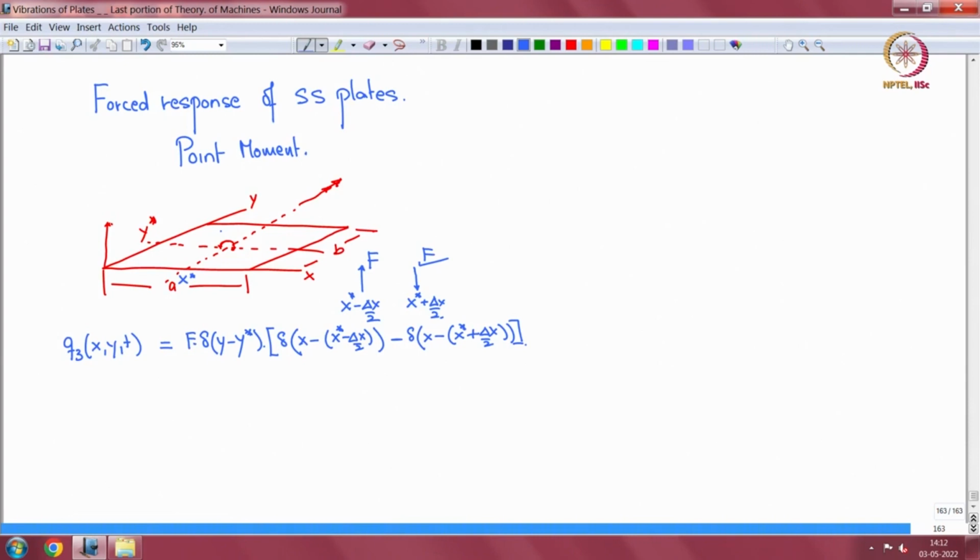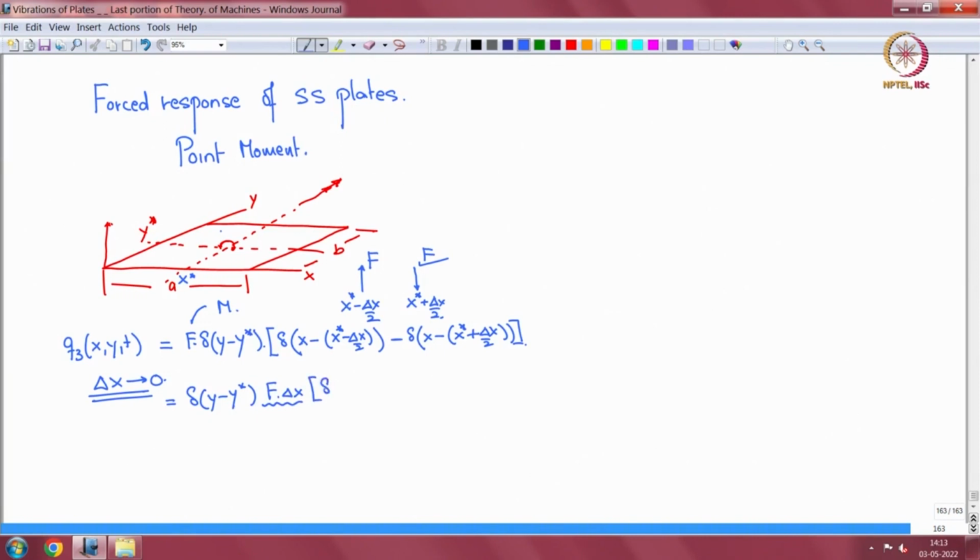Now in order to make it a point moment, delta x has to go to 0. Delta x must go to 0. And I need a moment strength in front. In place of this, actually I need a moment strength. So how do I do that? I will take delta of y minus y star here, F here, multiply by delta x. Now that is a moment.